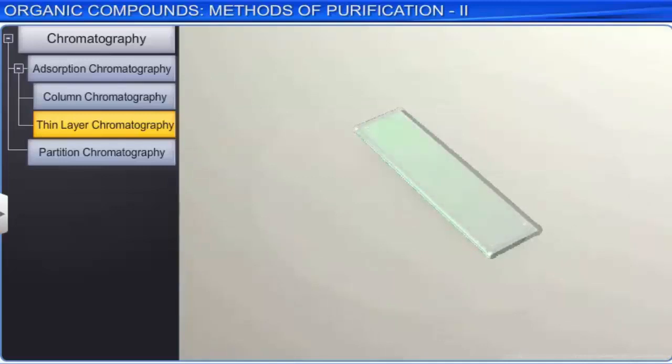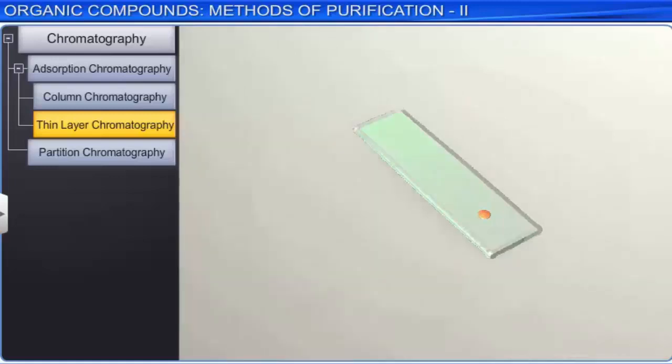The plate is known as a thin layer chromatography plate or chroma plate. Then, a small spot of the solution of the mixture to be separated is applied about 2 centimeters above one end of the glass plate.